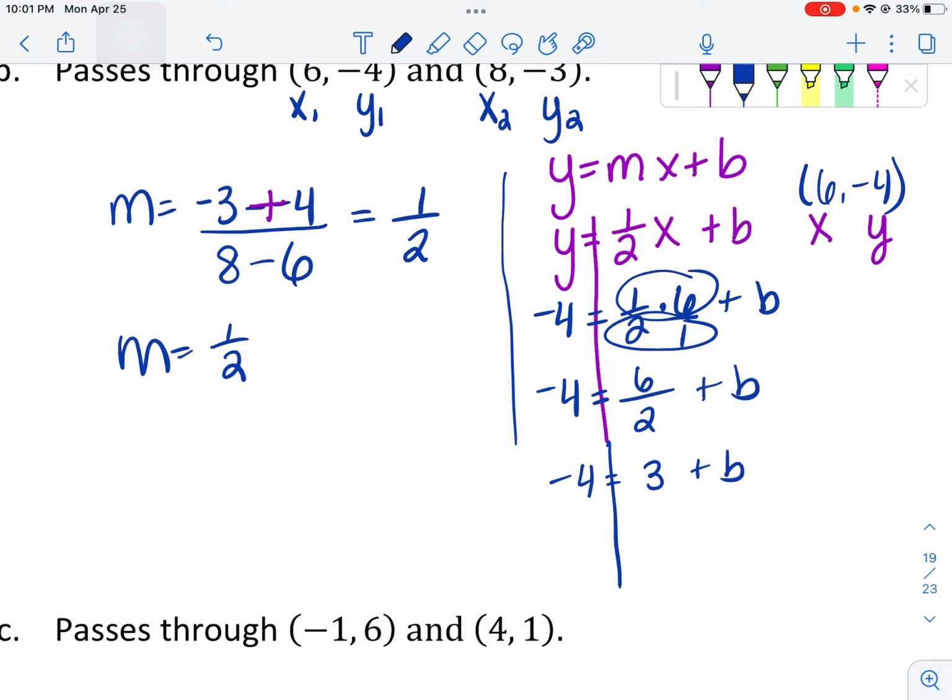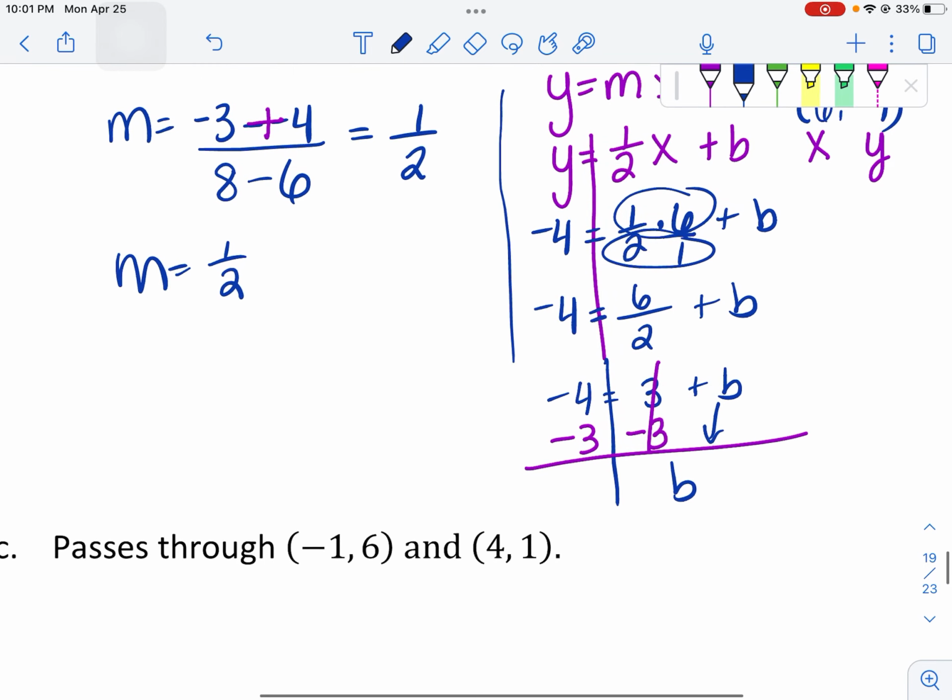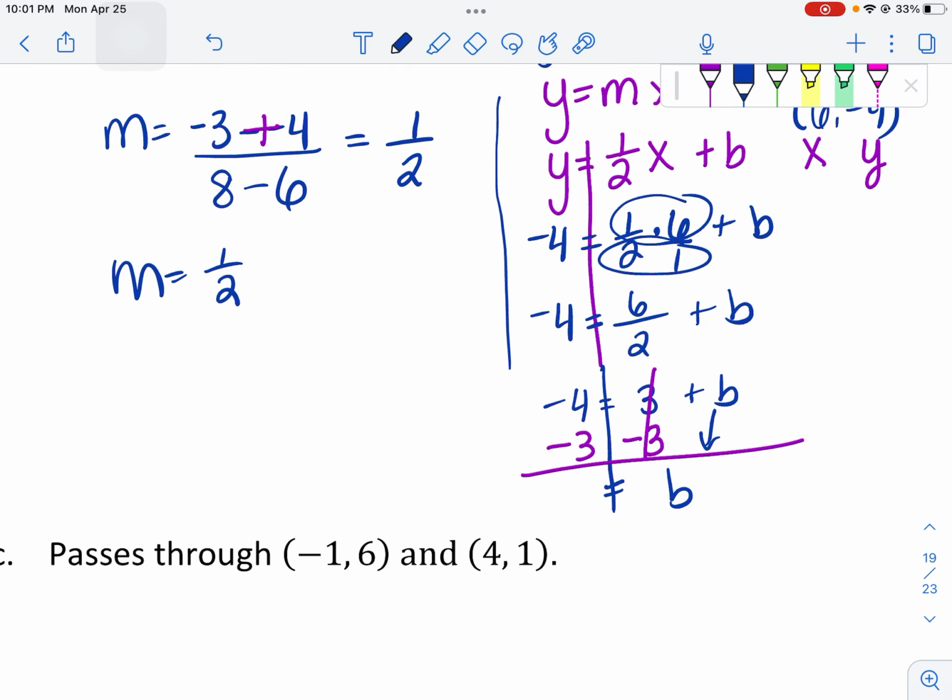So I get negative 4 equals 3 plus b, and then I'm going to subtract 3 from both sides so that I can get rid of the positive 3 on the right side, and I'm left with just this b. So I get b equals negative 4 minus 3, which is negative 7. So I have m equals 1/2 and b equals negative 7. So then my answer would be y equals 1/2 x minus 7.